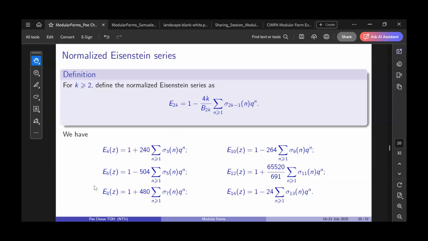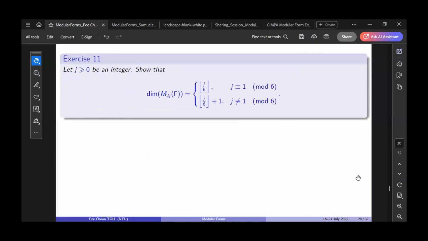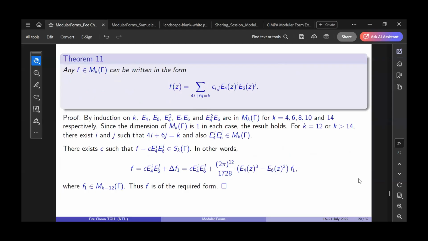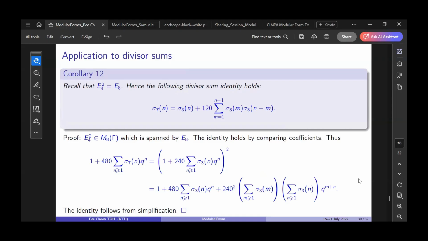And this is not the only one, because as we can see, a modular form with weight k is always a combination of E4 and E6. So if you are powerful enough to calculate it, we can always find the connection of sigma for some big value to sigma 3 and sigma 5.